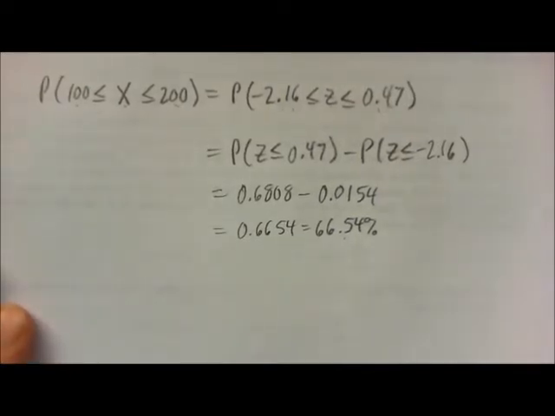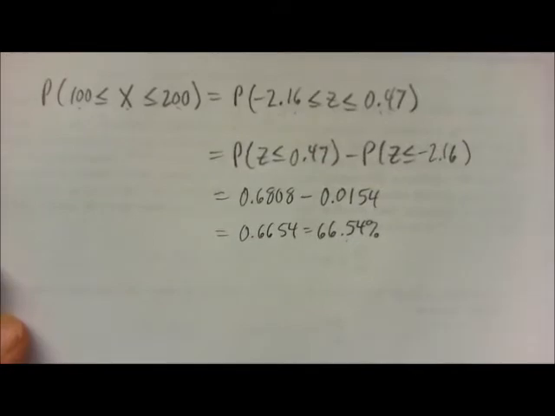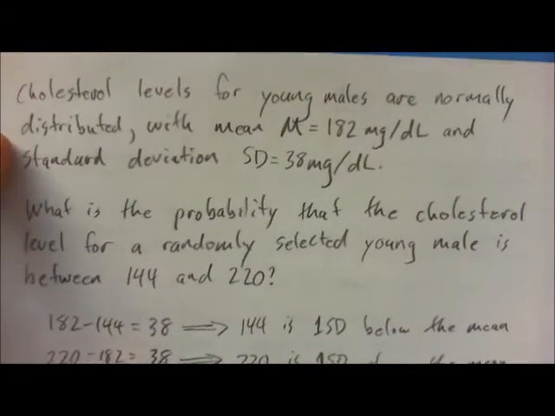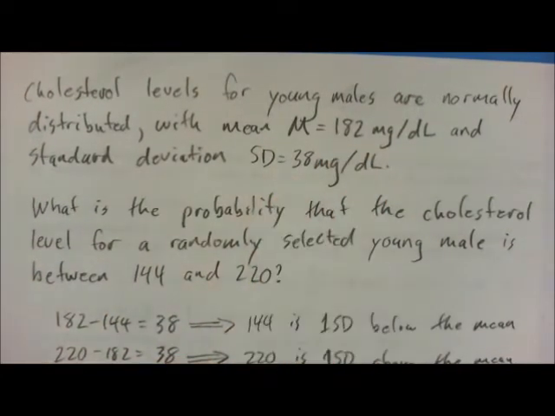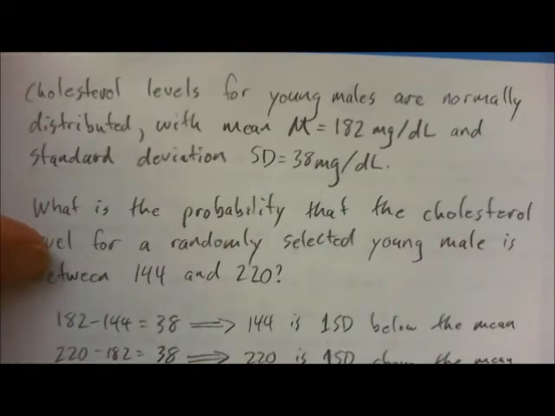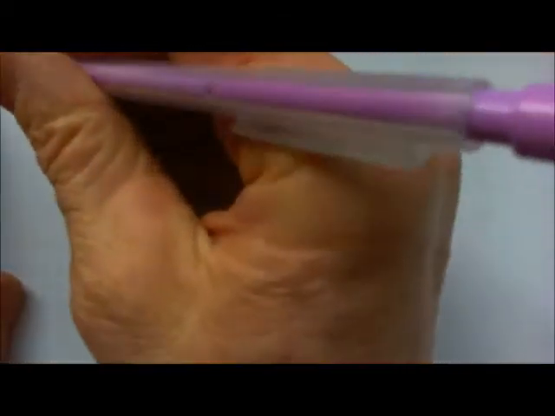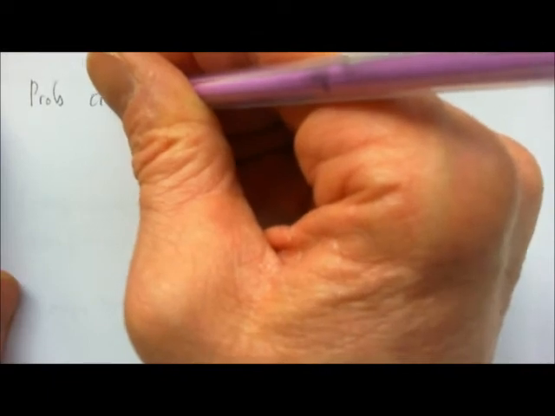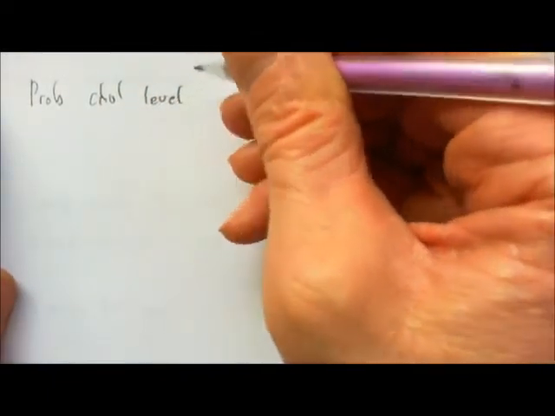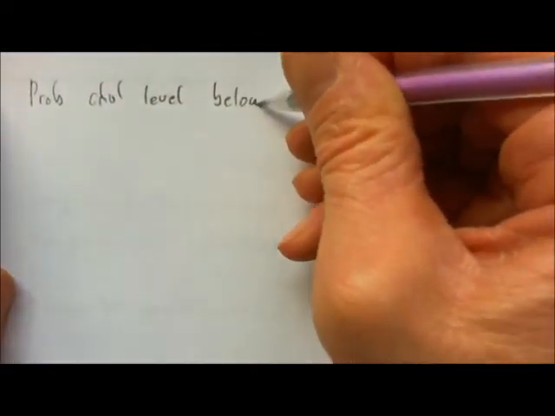So let's have you try a couple of these. You might want to jot down again that mean and standard deviation. So get that down somewhere. Remember, our mean is 182. Standard deviation is 38. You'll need those in order to do the exercises I'm going to ask you to do. So let's start off and let's ask, what is the probability of selecting a young male with a cholesterol level below 150?